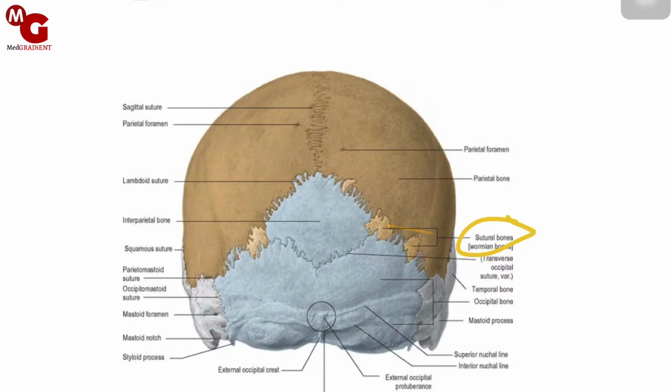You can see the superior sagittal suture over here. You can see the lambdoid suture over here, and over here. Then you can see the parietomastoid suture and stuff like that. And this is the occipital suture in case this bone exists.